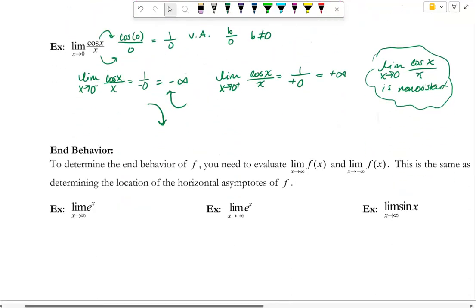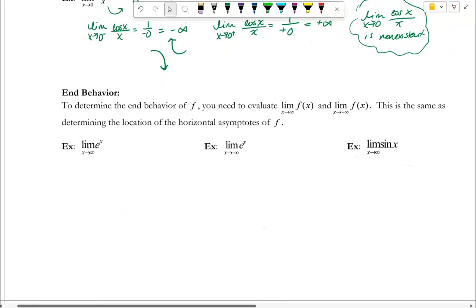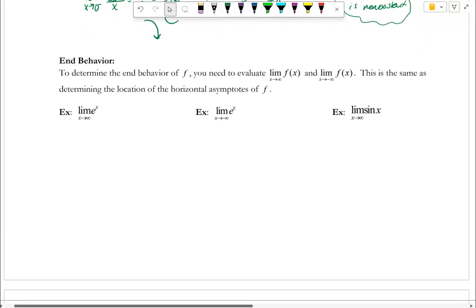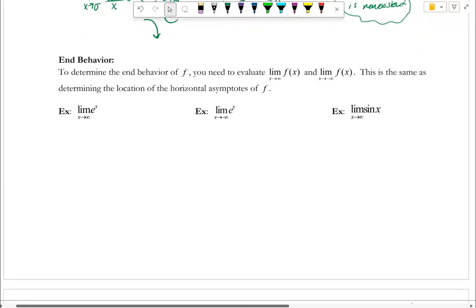When we're talking about end behavior, it is more general. There's a lot of ways that we could consider end behavior. When we think about the end behavior of a function, we're looking at what's happening to our function at really, really, really big positive or negative values for x, right?